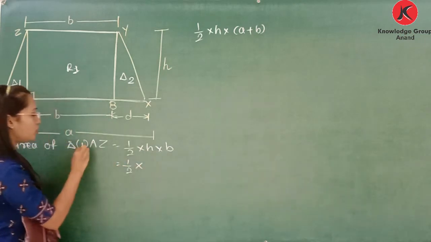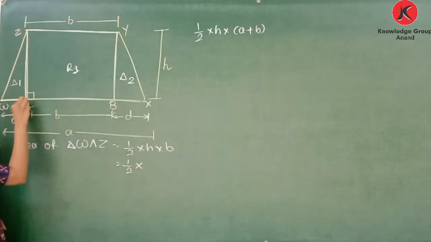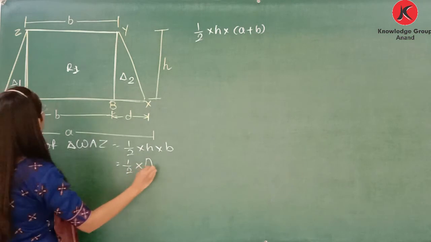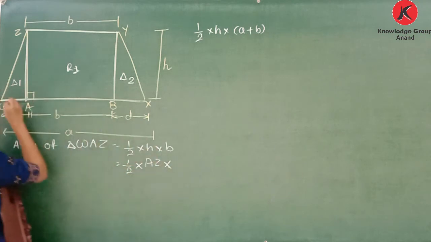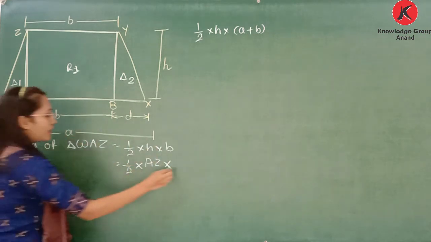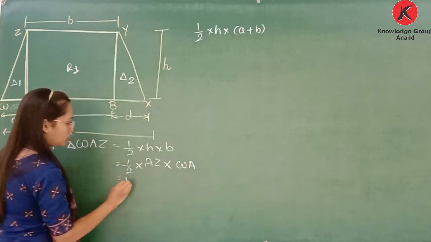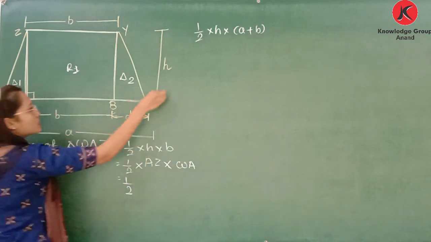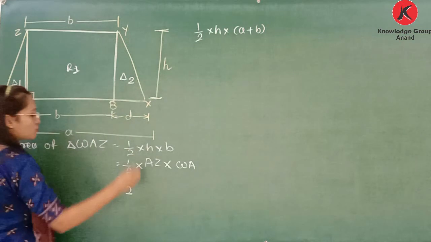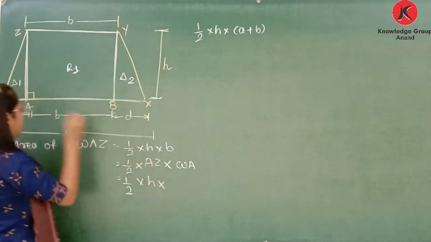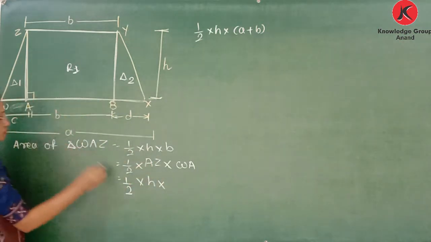Now for WAZ, the height is AZ and the base is WA. AZ is given as H, and WA is C, so we write the symbol C.